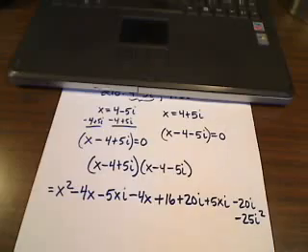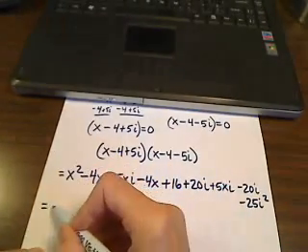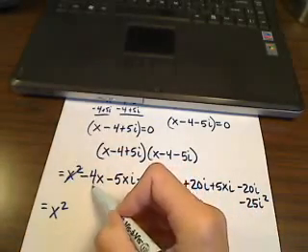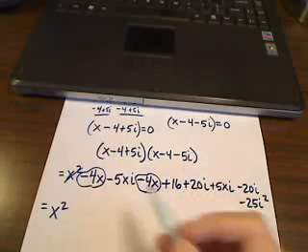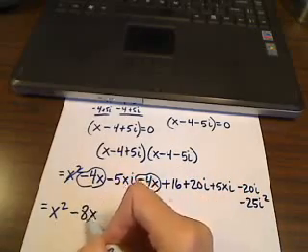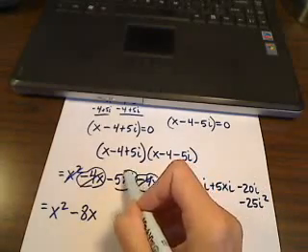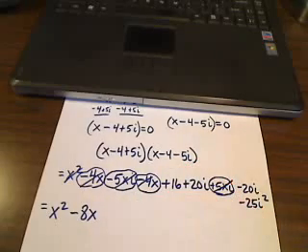Okay, so if we collect some like terms here, there are no like terms for the x squared, so that one just comes down. This negative 4x and this negative 4x give us a negative 8x. Negative 5xi and positive 5xi add to be 0 because they're opposite in sign.